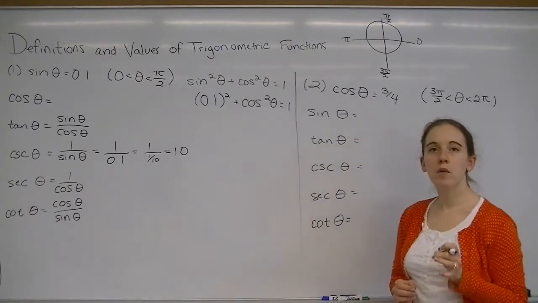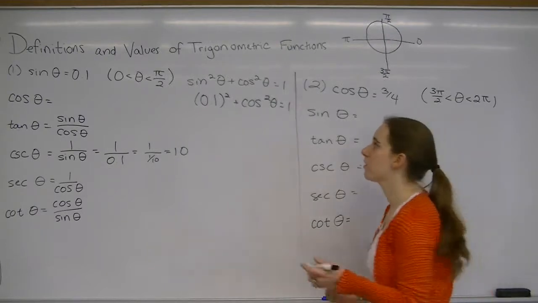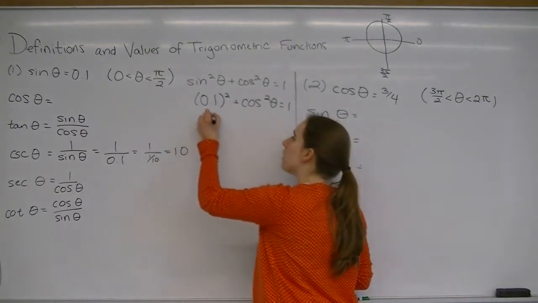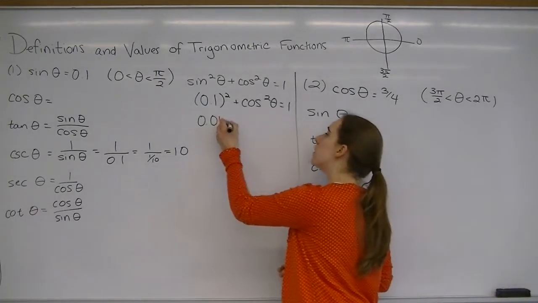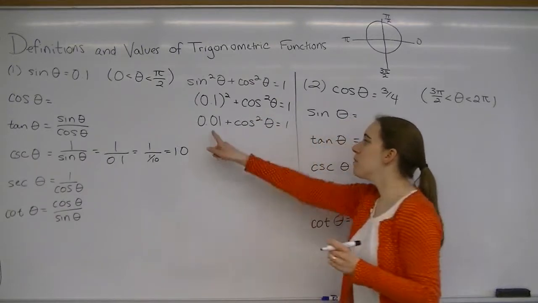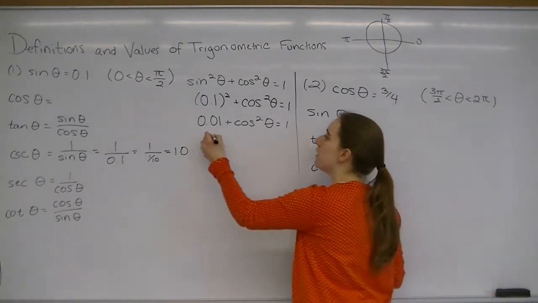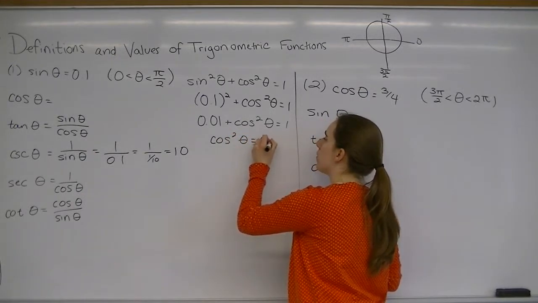Now 0.1 squared, I'm taking 1/10 and multiplying it by 1/10. So that's actually going to be 1/100th, or 0.01. So when I move this to the other side, I get that cosine squared of theta is equal to 0.99.